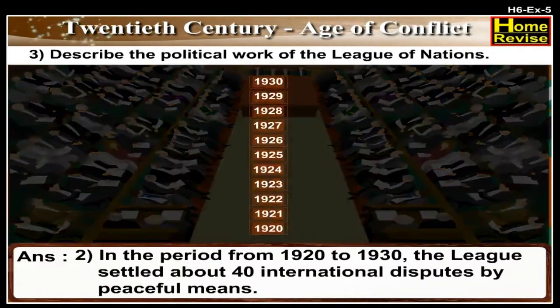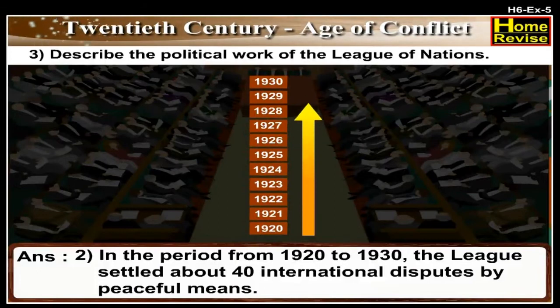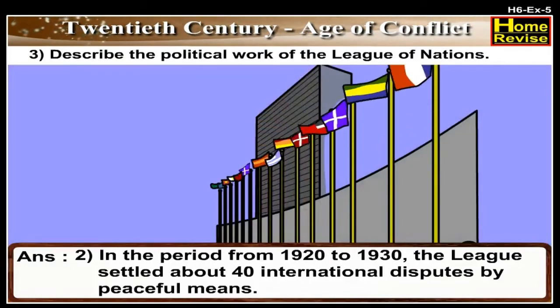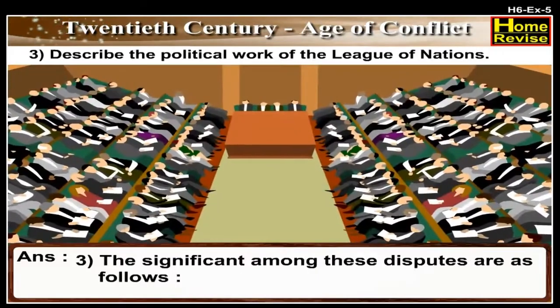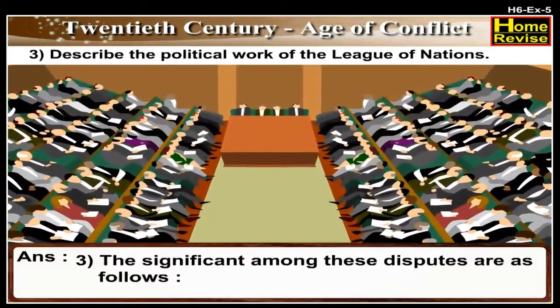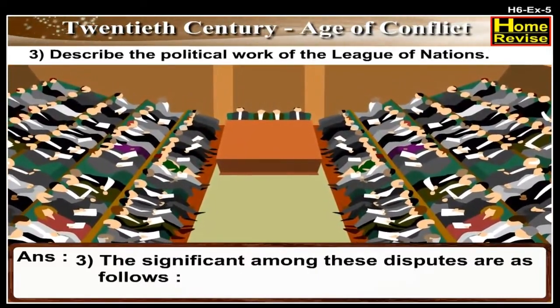In the period from 1920 to 1930, the League settled about 40 international disputes by peaceful means. 3. The significant among these disputes are as follows.